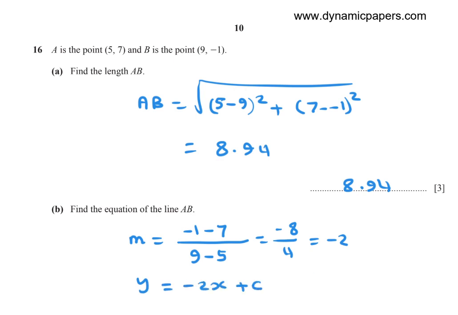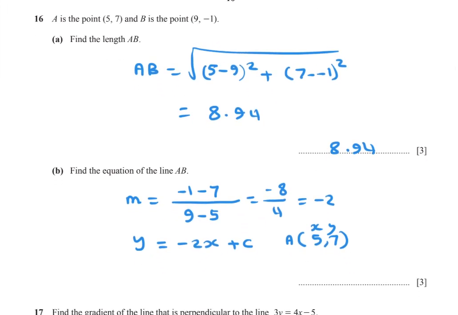To find c, substitute by A or B. If we substitute by A, which is 5 and 7, now 7 equals negative 2 times 5 plus c. Negative 2 times 5 is negative 10, go to the other side as positive, so c equals 17. So the equation is y equals negative 2x plus 17.